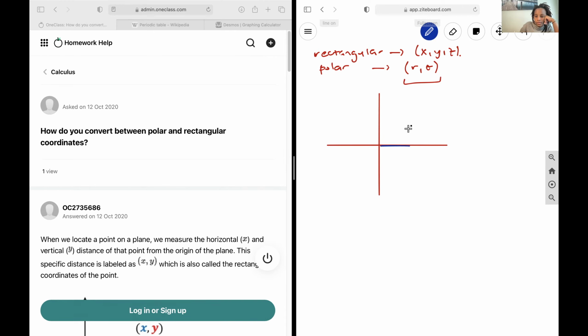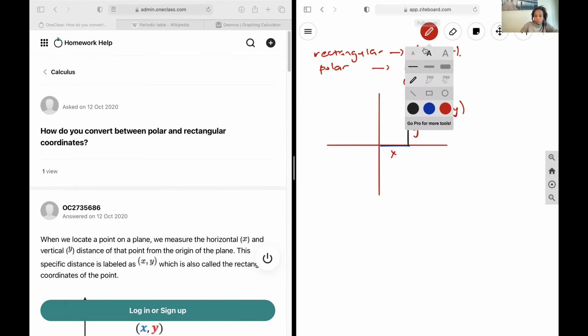So if I have whatever point, I travel on the x-axis and I travel on the y-axis to reach my point. And so if I identify the point in red, I would say that that point is located at whatever distance it traveled on the x-axis and whatever distance it traveled on the y-axis. So I'd identify it with x, y, if we're working in 2D.